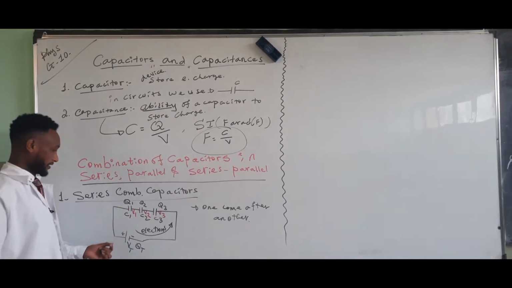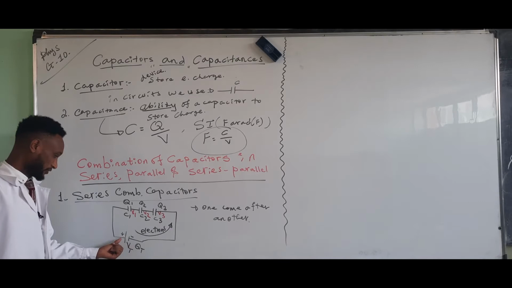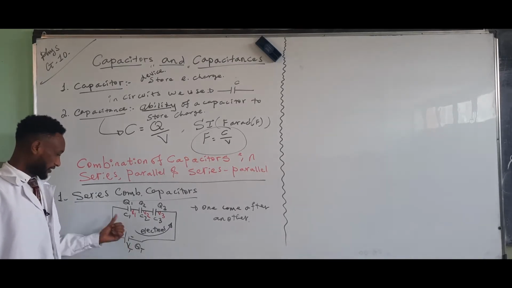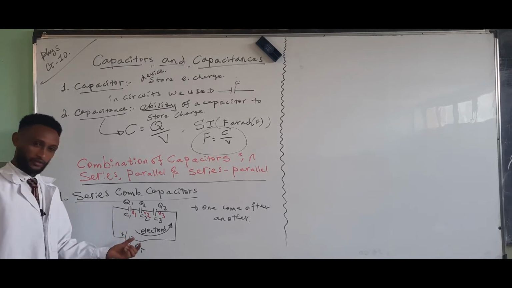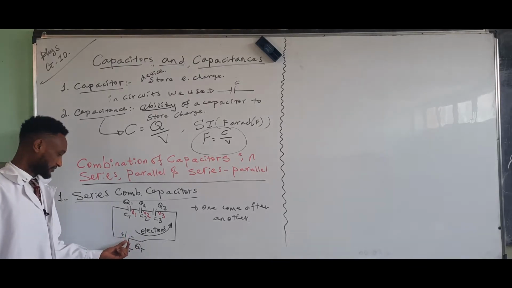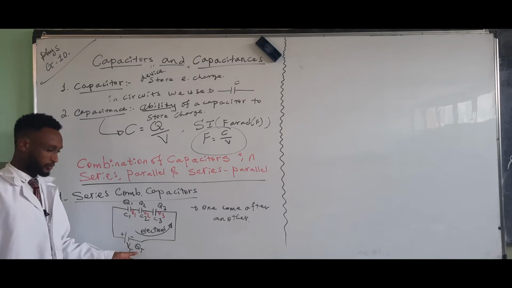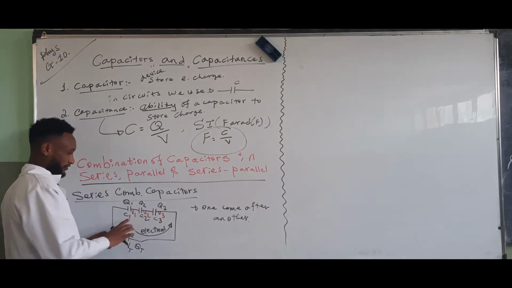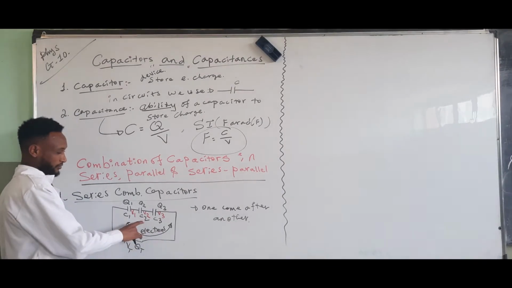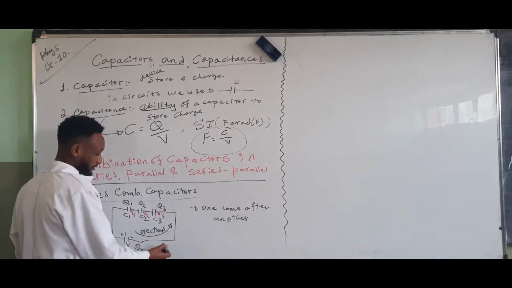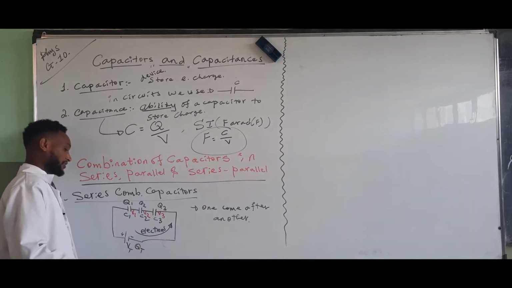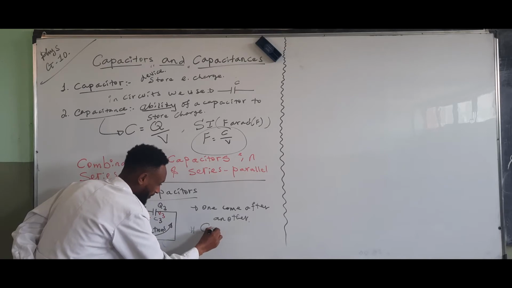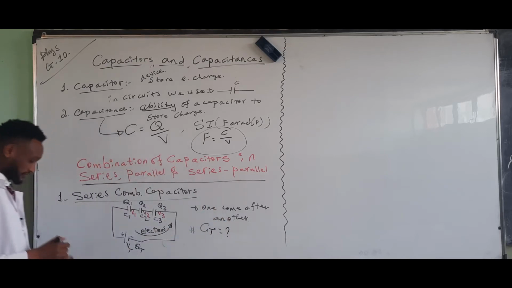Okay, let's see. From the source we have a voltage, which is the total voltage. From this battery the electrons start moving. These are the total charges. Now from this combination of capacitors 1, 2, 3, we get the total capacitance. The total capacitance equals how much?